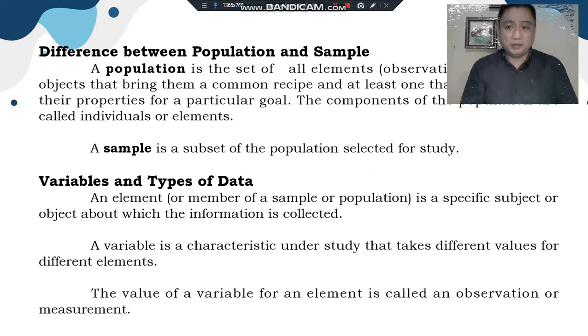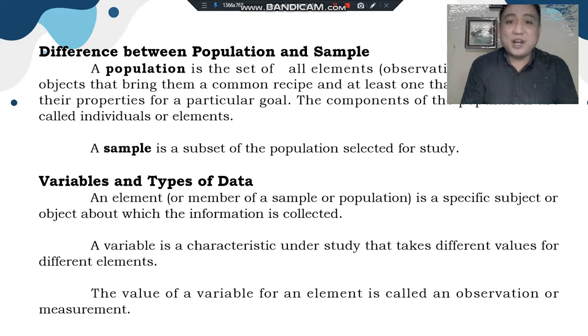We are required to get a certain percentage out of that population for us to derive a good conclusion. The members of the population that are selected is called a sample. That is the definition of sample, by the way. It's a set of the population selected for study.